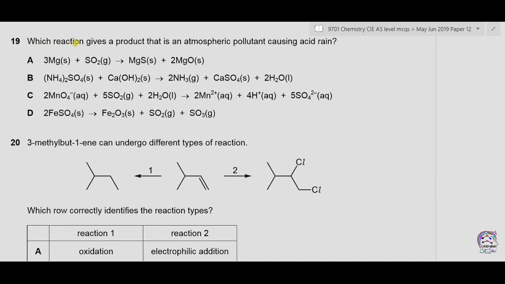Question number 19. Which reaction gives a product that is an atmospheric pollutant causing acid rain? Now the atmospheric pollutant which can cause acid rain must be a gas that is soluble in water and also acidic in nature.